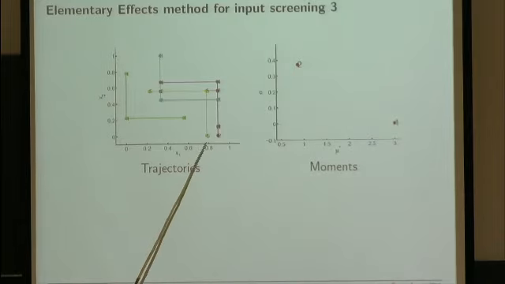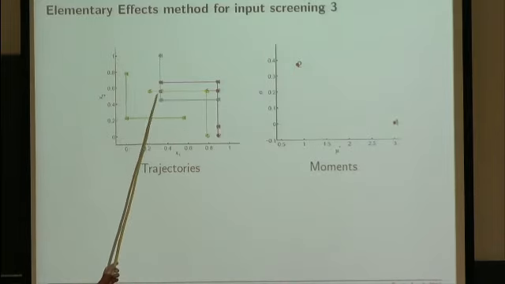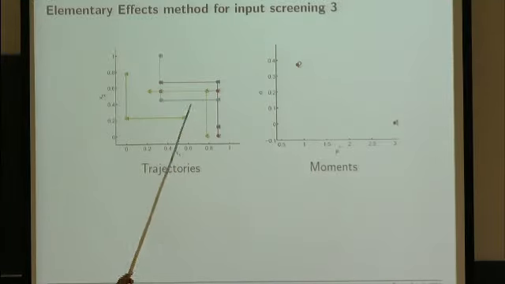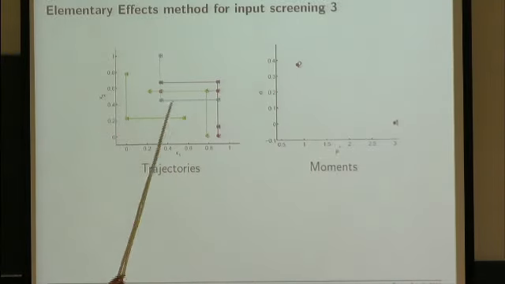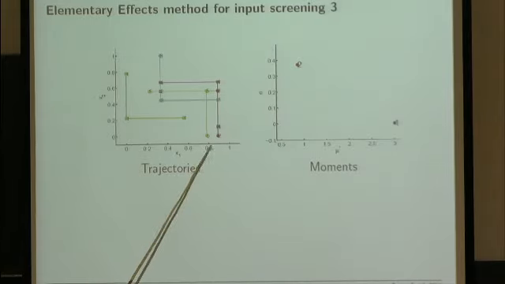Now, this is another trajectory, number 2, number 3, number 4, number 5. The input points are selected as part of a grid, and again, this is the traditional elementary effects. So it's no wonder that these two trajectories share at the beginning point the coordinate in x1.